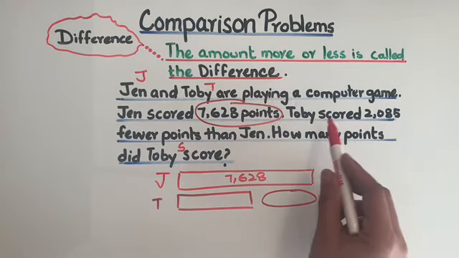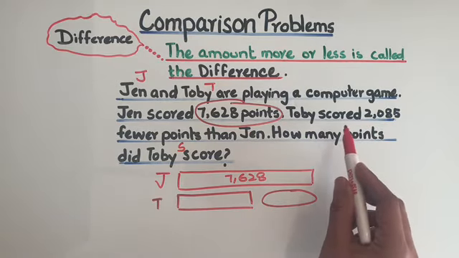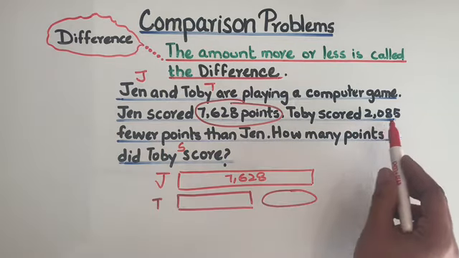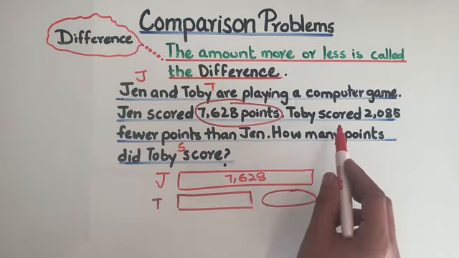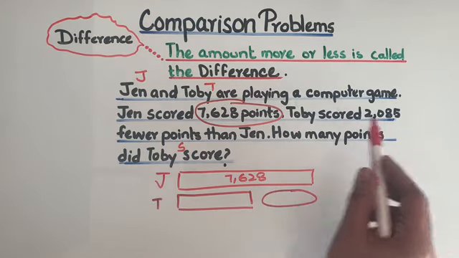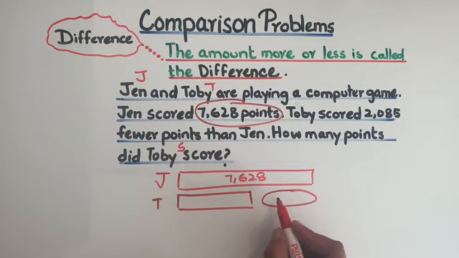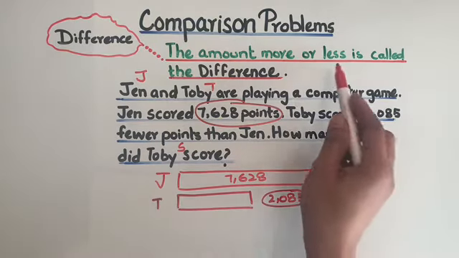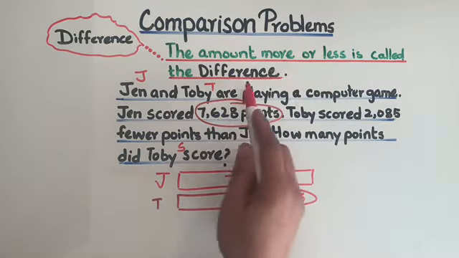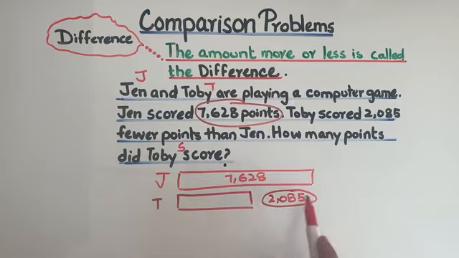Actually, this is not Toby's exact score. This is the difference, and 2,085 is the fewer points than Jen. So this is not the exact Toby score. I'm going to write it here because this is the difference. Fewer points means less amount, and less amount is the difference. So I'm going to use this oval for the difference, and that's why I have put the number 2,085 in it.